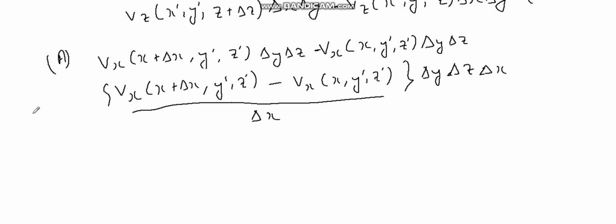When we take the limit delta x tends to 0, this difference divided by delta x gives the partial derivative of Vx with respect to x, and we have these surviving terms.